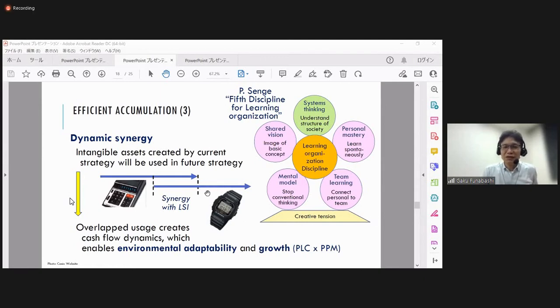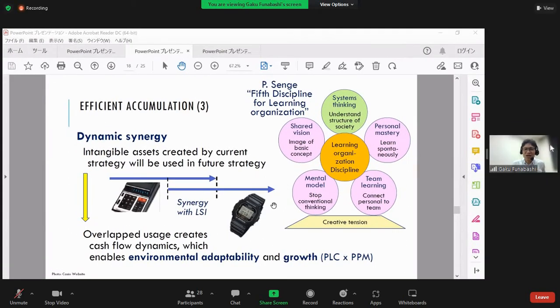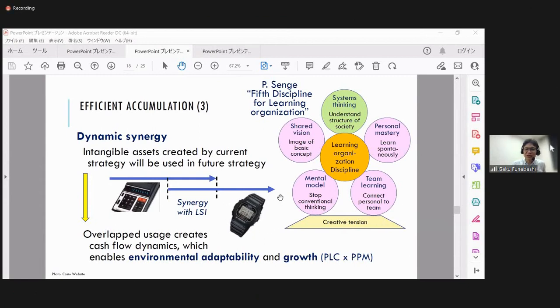So at that time, again, calculator at the maturity stage, digital watch, either introductory or growing stage. And they invested profit from the product at maturity stage, cash cow, to the product of the stars at the growing stage. And no, there's overlapping.